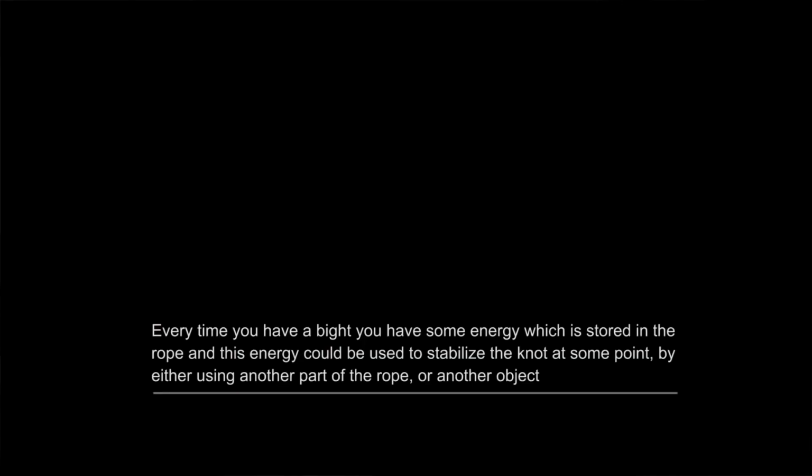So I repeat. Anytime you have a bite, you have some energy which is stored in the rope, and this energy could be used to stabilize the knot at some point. And typically the stabilization you do by either using another part of the rope or using an external object.